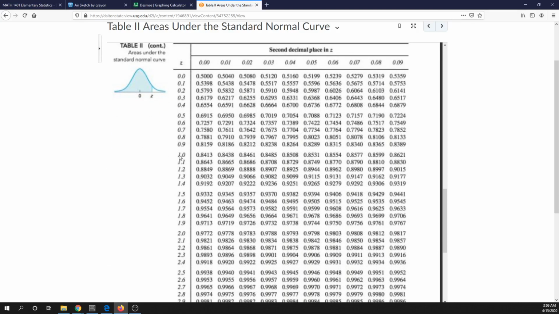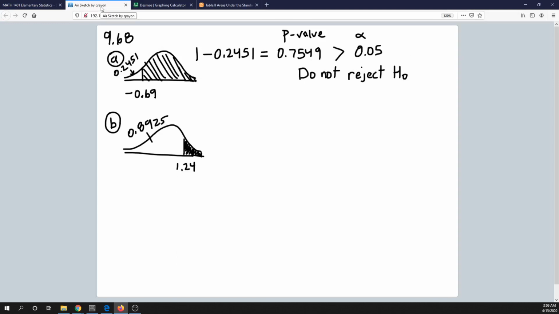So 1.24 right here. We're going to get 0.8925. So that's going to be the area over here, and that's not what we want.